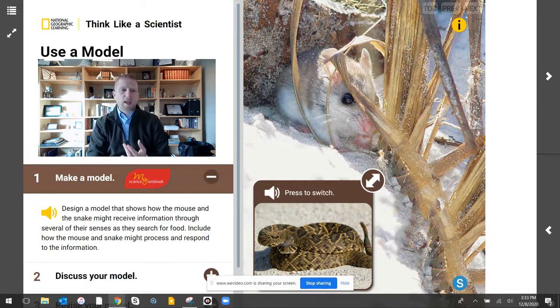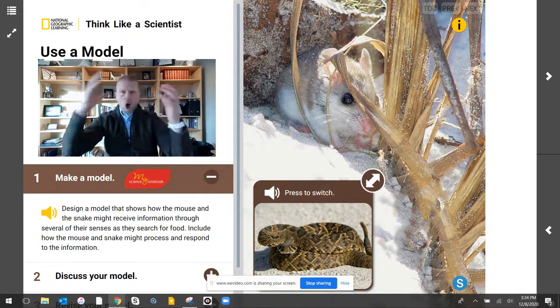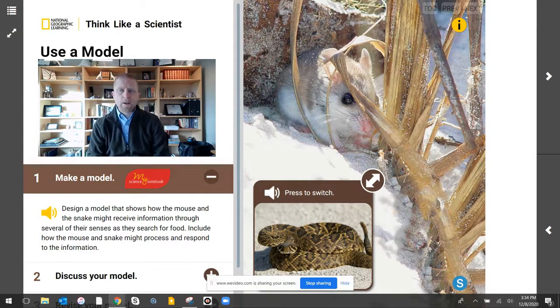How there's chemicals in the air that animals can smell. There are the receptors in touch. So we have all of these things that are happening in all of these different animals, and we've spent a lot of time talking about elephants and snow leopards. Well, today we are going to be talking about a mouse and a snake.